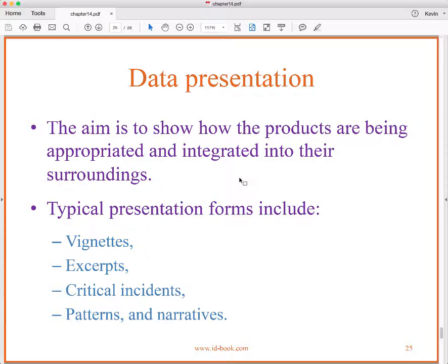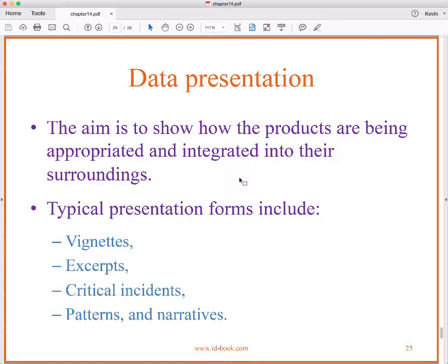Are they using this, right? And typical presentations would be vignettes, excerpts, critical incidents, patterns, and narratives. So we have all these observations. We may have some notes, we may have videos, we may have audio recorded interviews.